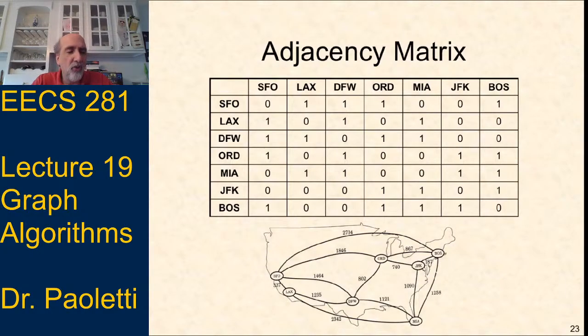When I tried doing an update on this table to change all of the zeros to lowercase false and all of the ones to lowercase true, it was harder to tell what was going on. It was harder to look at the graph and see what was connected to what, because the true and false were so filling the boxes that it was hard to tell. So I went with 0 and 1 here because it was easier for me to see. I suppose somebody else might have thought, let's fill it with true and false, but make them different colors. But being colorblind, that is not my go-to solution for things.